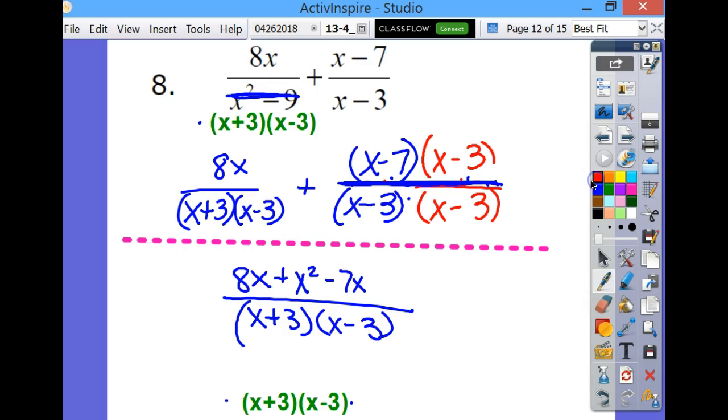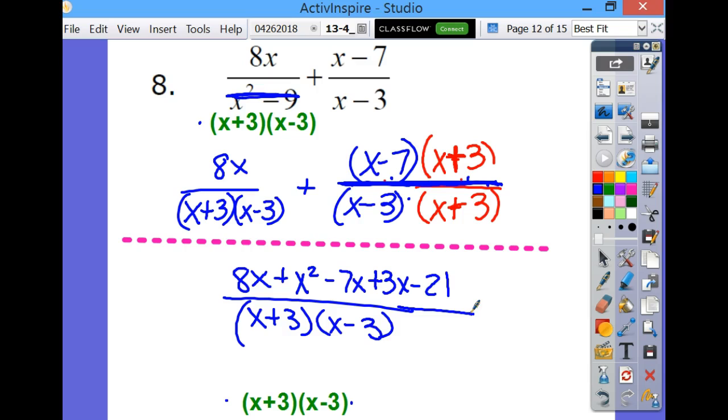Yes, I was just noticing right here that I wrote this down with the wrong sign. This has an x minus 3, and I need an x plus 3 so that my denominators match, because this is supposed to be a plus 3x minus 21.